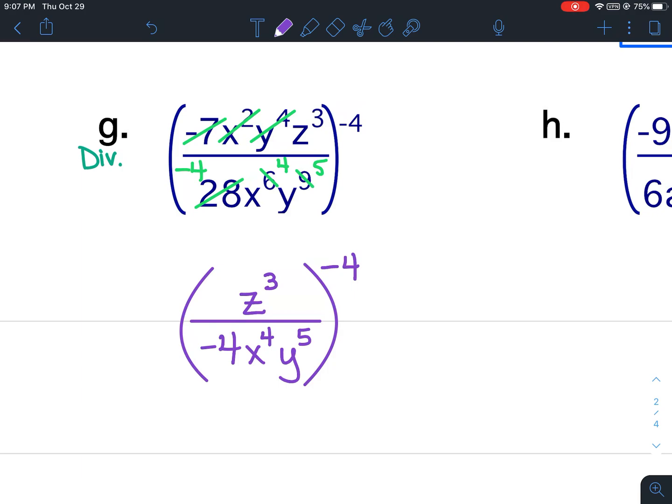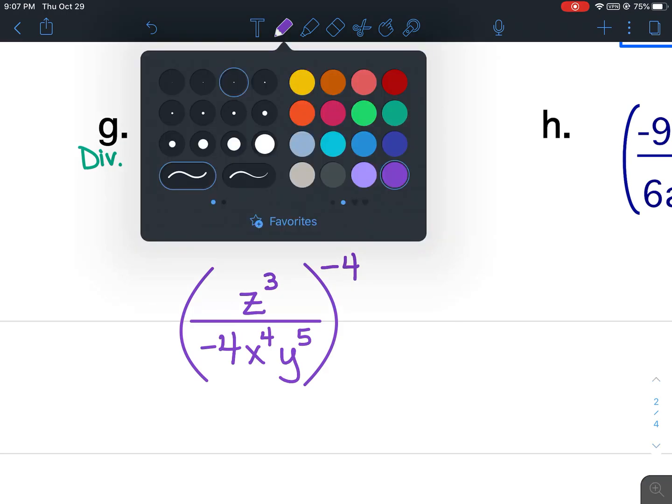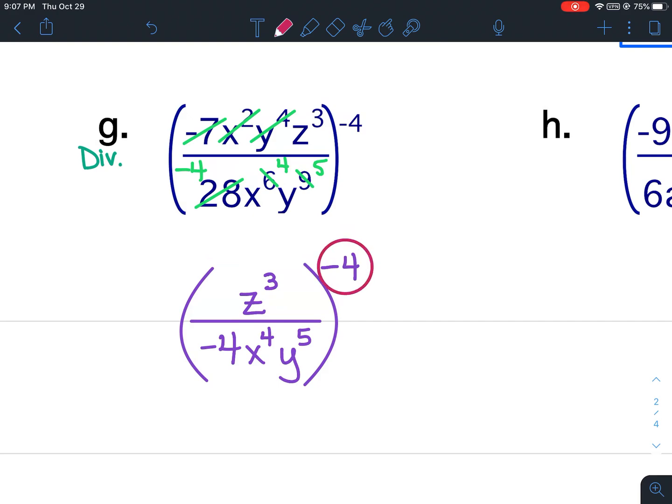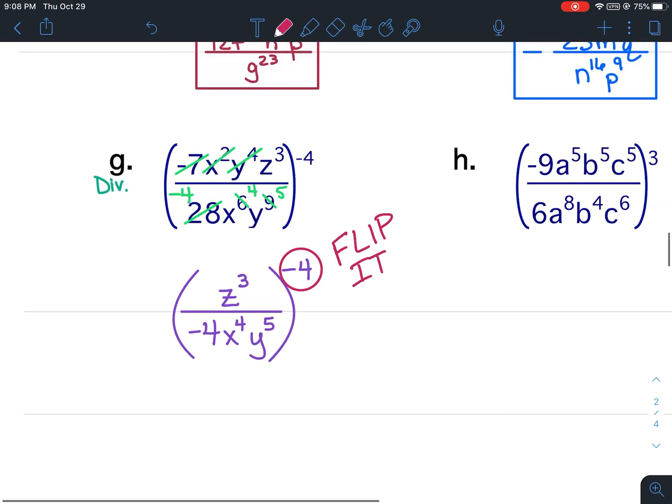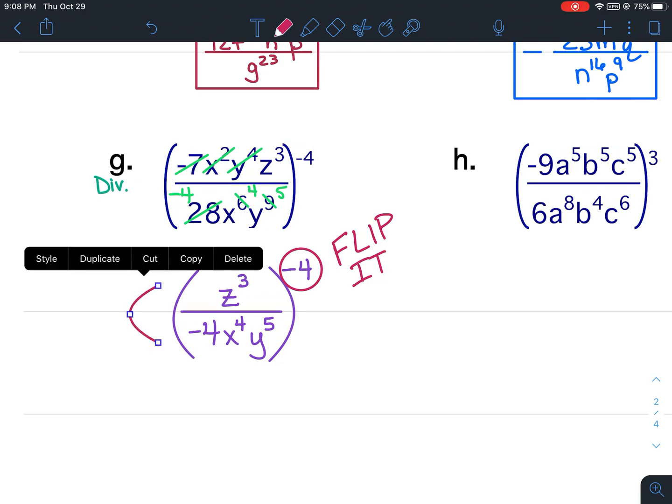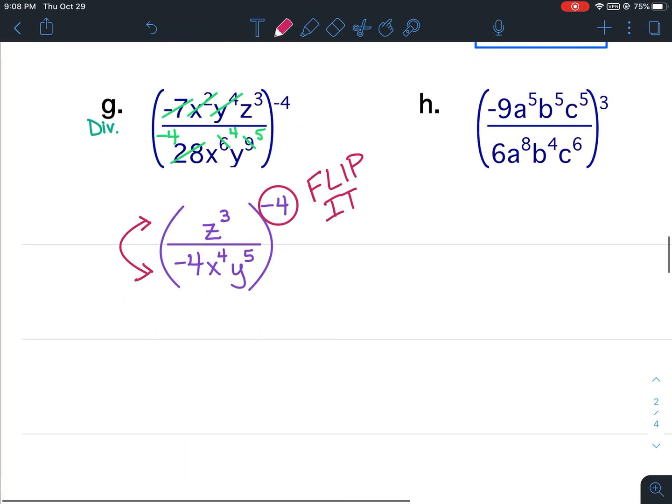By taking this fraction and flipping the entire fraction. So what I would like you to do is circle this negative 4. And then real big, write, flip it beside it. And then on this side, draw arrows like that because we're going to take the entire fraction and flip it.